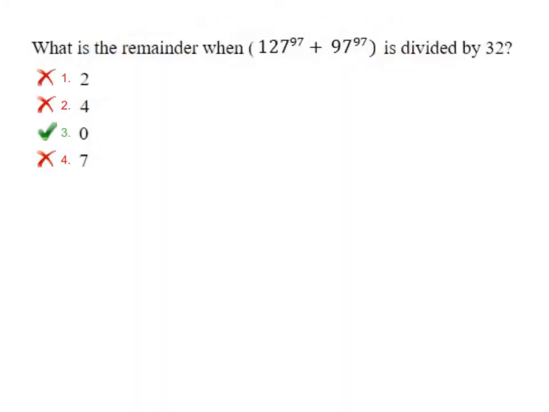What is the remainder when 127 to the power of 97 plus 97 power 97 is divided by 32? The given expression is in the form of a power n plus b power n, where n is odd number. N is odd number, then a plus b becomes a factor. A plus b is a factor.